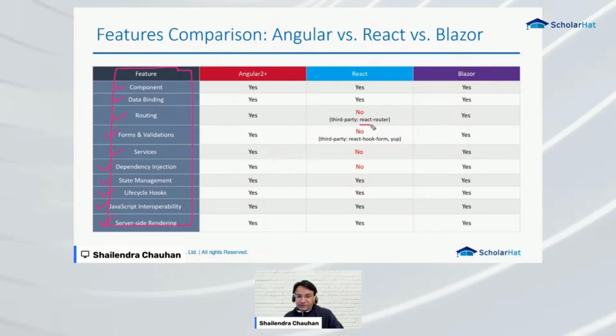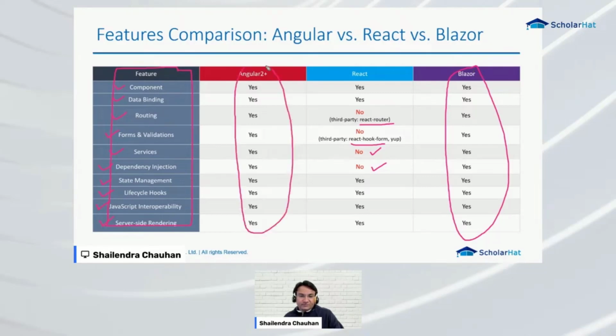Like routing, we can support using React Router and React hooks. Services we can build here using a simple class. Dependency injection is not required over here. But Blazor supports everything which is supported by Angular to build any front-end application. So if you already know Angular, or the React style of working, you will find Blazor easy, because Blazor has the component-based style for building things.